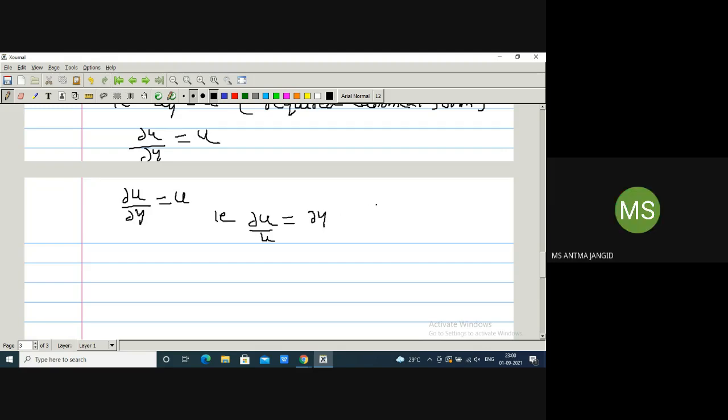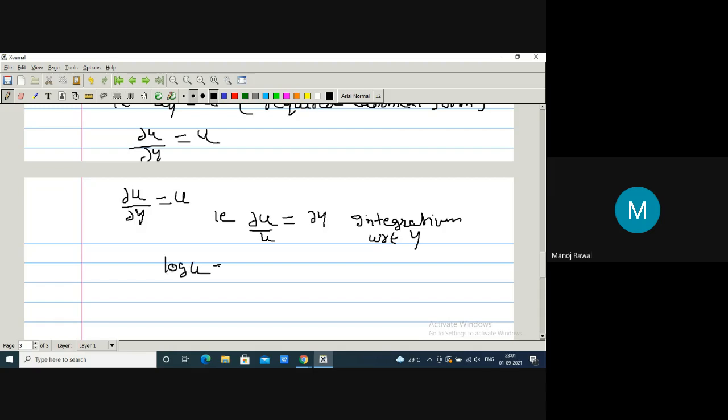So let's integrate this with respect to eta, integrating with respect to eta basically. Okay. So what is this going to be?